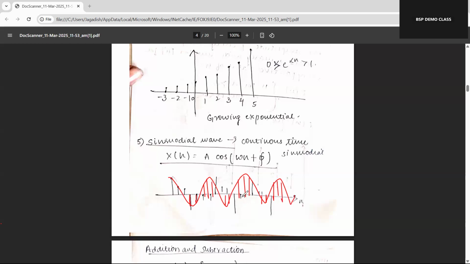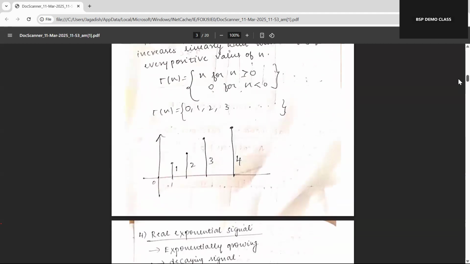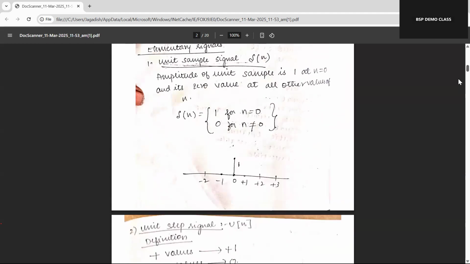The general expression for sinusoidal wave is x of n is equal to A cos of omega n plus phi. So these 5 things you have to write for elementary signals.